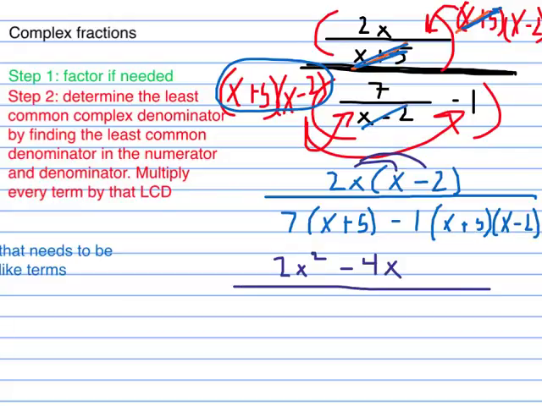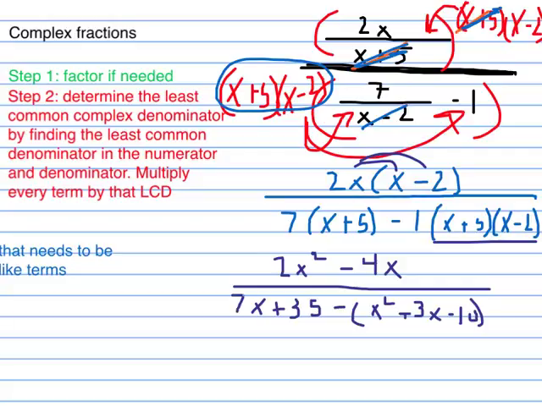And then on the bottom I have 7x plus 35. I need to FOIL that through. So I have minus, I need to FOIL, that's x squared plus 3x minus 10.